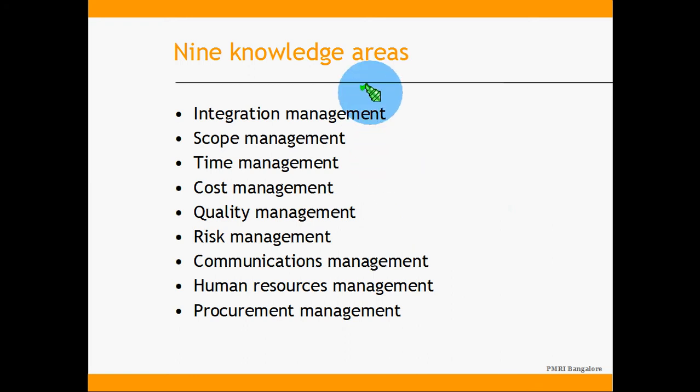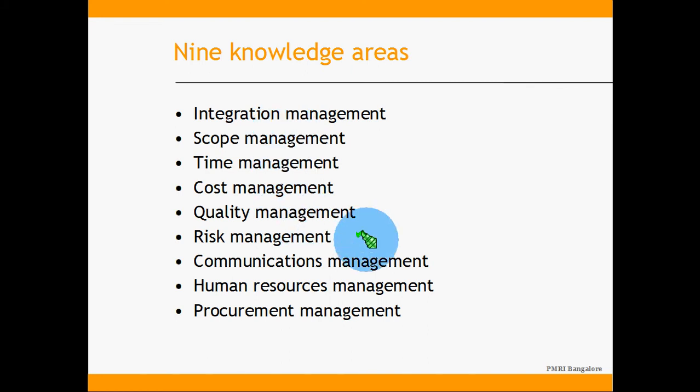There are 9 knowledge areas: integration management, scope, time, cost, quality, risk, communications, human resources, and procurement. Initially, when I started my training career, people used to ask me, is all this applicable for every project? Initially I used to say no, but these days I say yes, because every project has the elements of all these things.